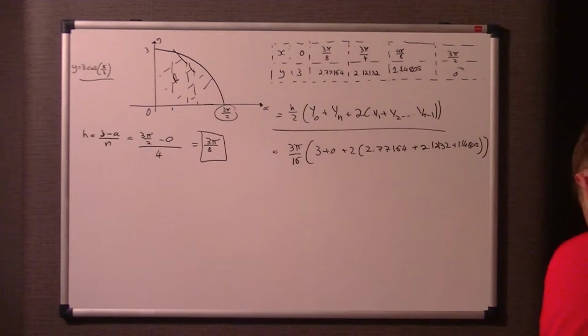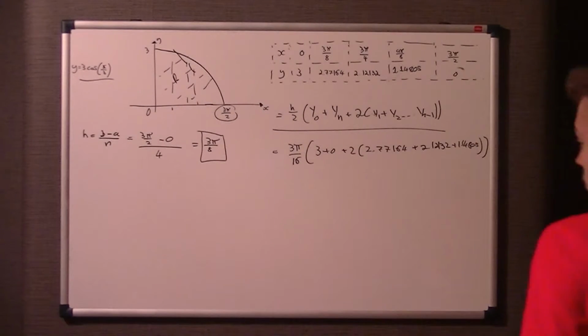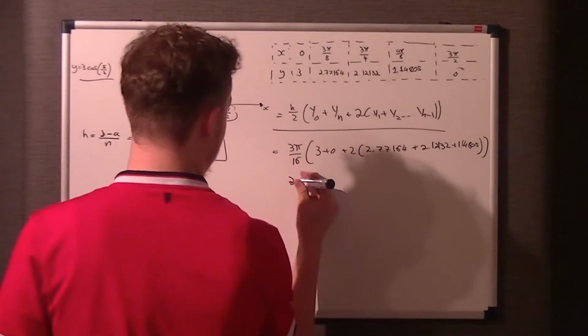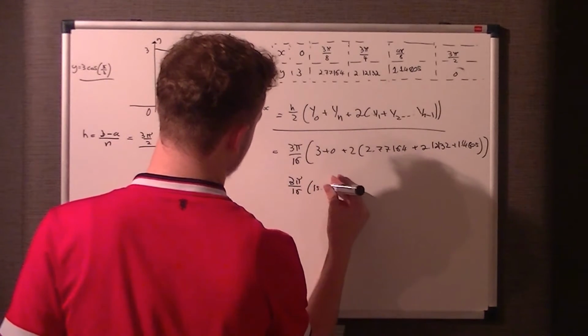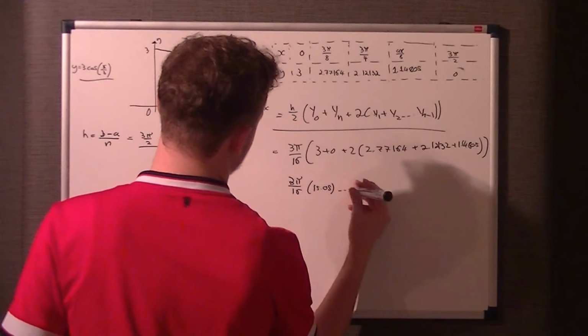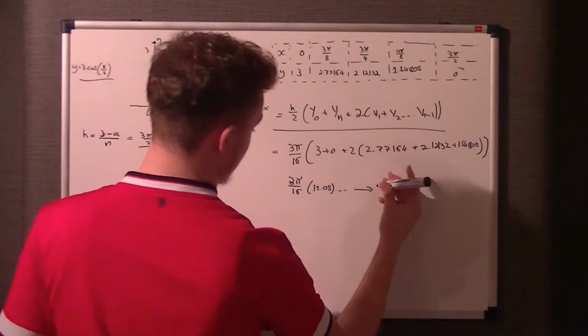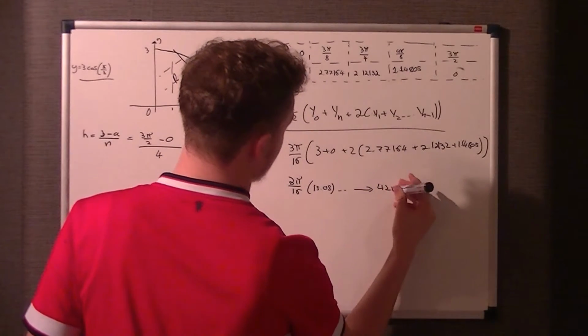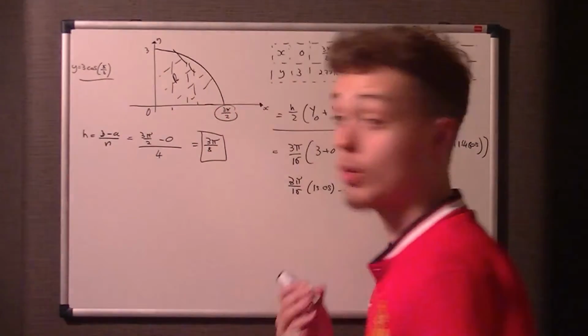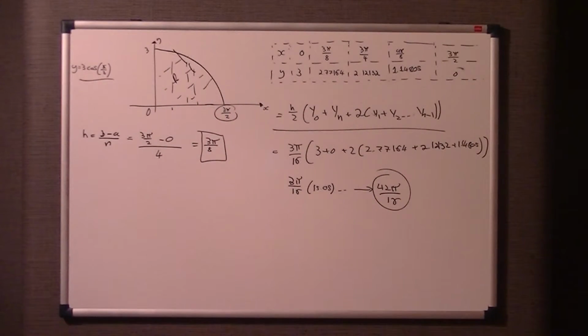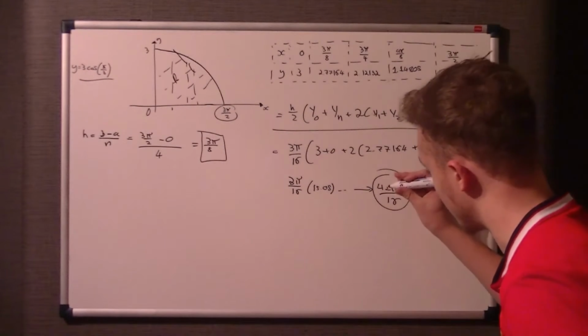So if you work this out, it comes to 3 pi on 16 times 15.05 whatever. If you simplify that, it comes to 45.25 pi over 16, sorry, not 42, I do apologise.